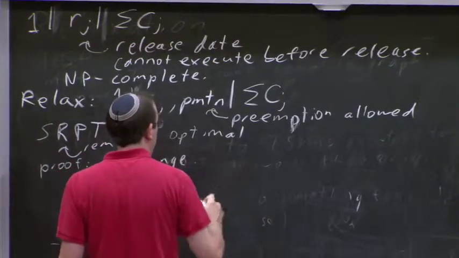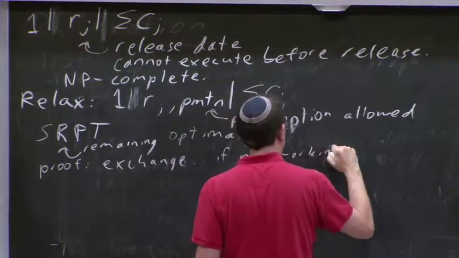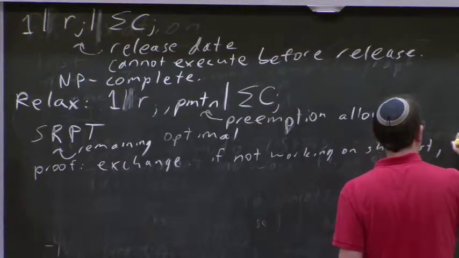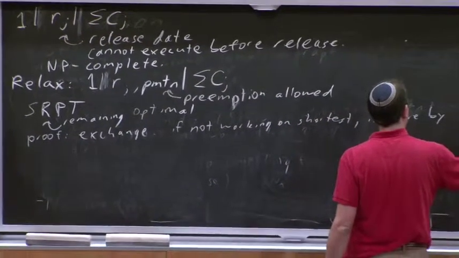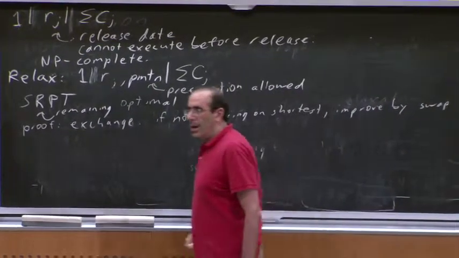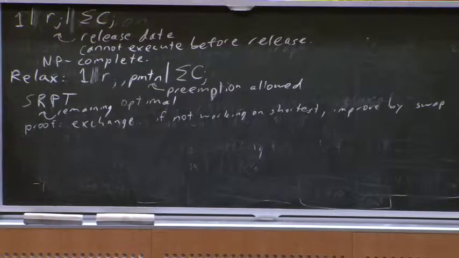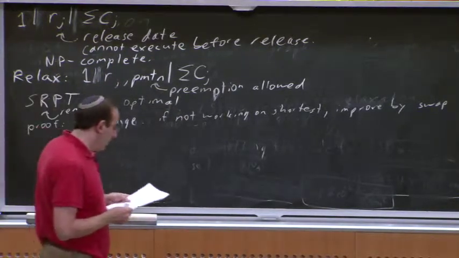Where if I'm not working on the shortest job, I can improve my sum Cj by swapping. And this is just a little messier. It's not any harder to prove, but it's messier because now you've got all of these different pieces of jobs floating around, right?